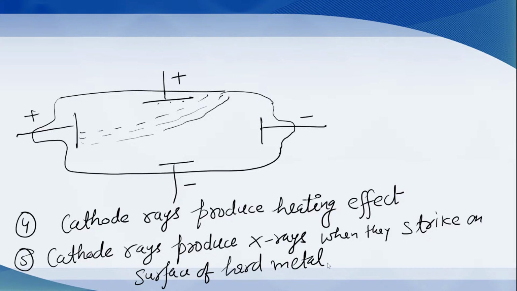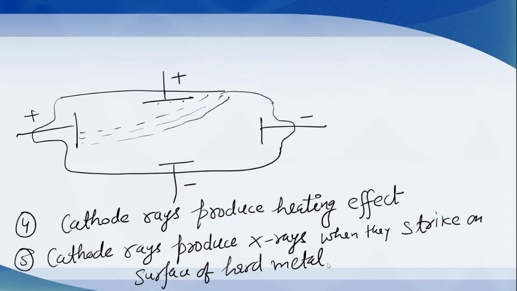Because when they strike the surface of a hard metal, they are stopped at once, and therefore there is a deceleration, and due to that, energy is released in the form of X-rays, because kinetic energy is converted into another form of energy.